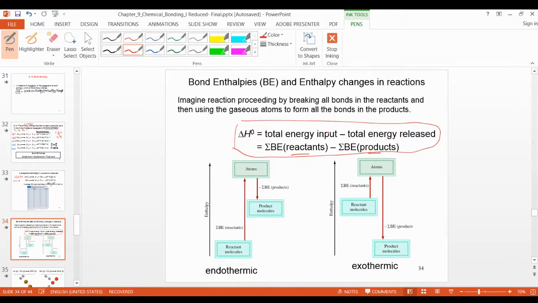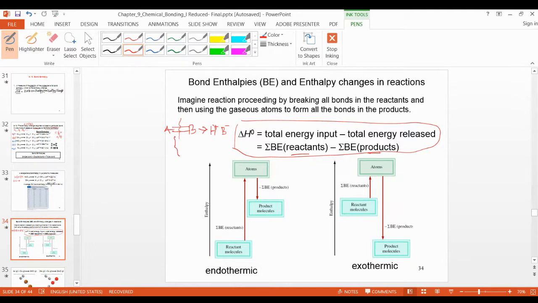Total energy input, because the bonds are broken first. It is like this: suppose you break down the reactant, then products are formed. Suppose A and B, like this.